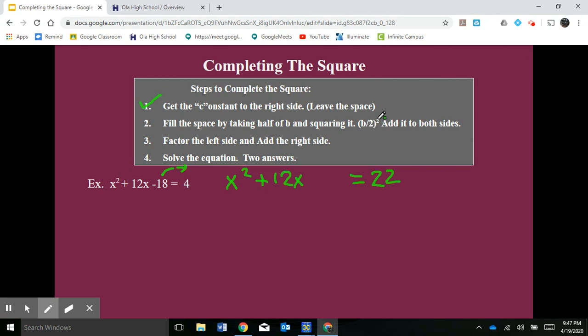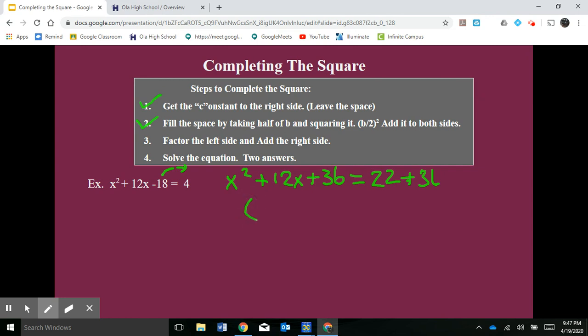Right, there's the example. Half of 12 is 6. 6 squared is 36. Remember, it's always positive because when you square something, it's going to be positive, to both sides. All right, just follow the rules. Steps right there. Step 2, done. Step 3, factor it.